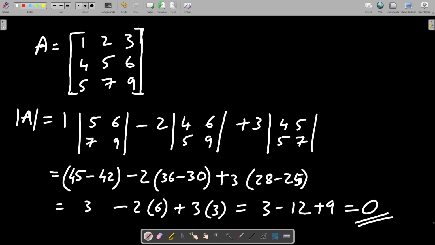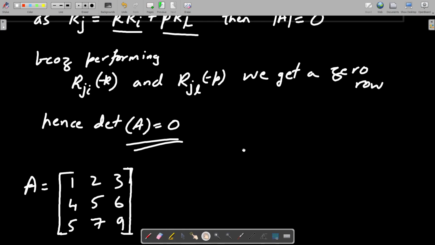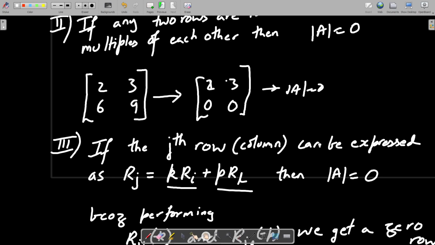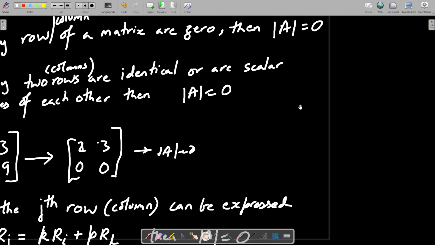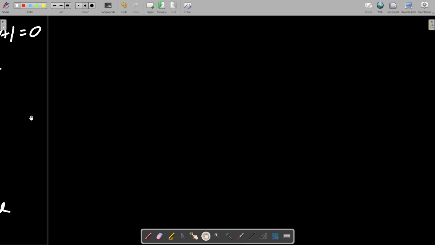The other two properties, they were a bit clear, no? So I won't solve an example on them. Yeah, the second one also I'll show you with an example then.